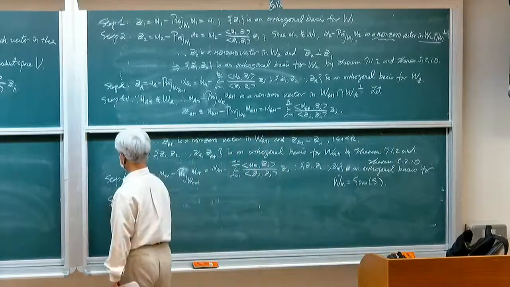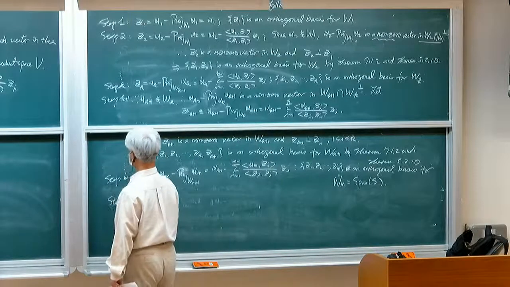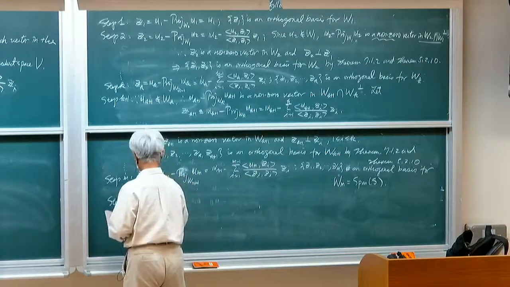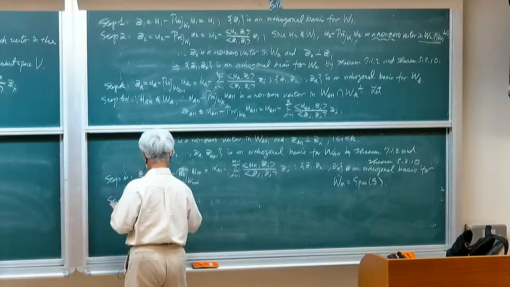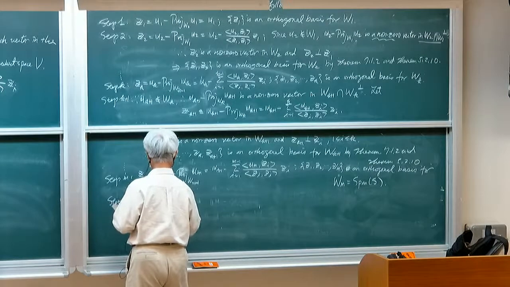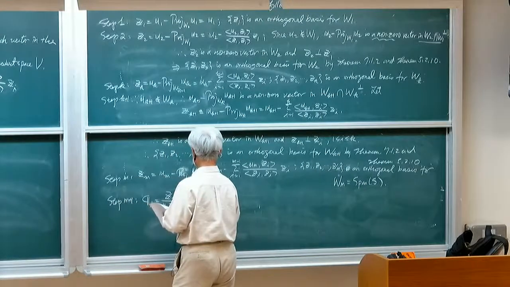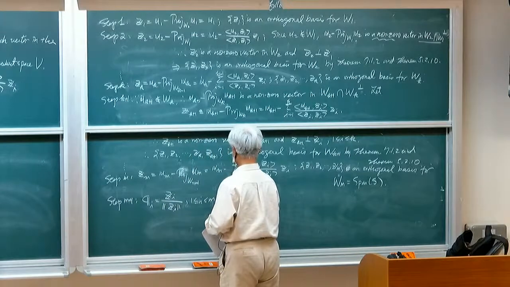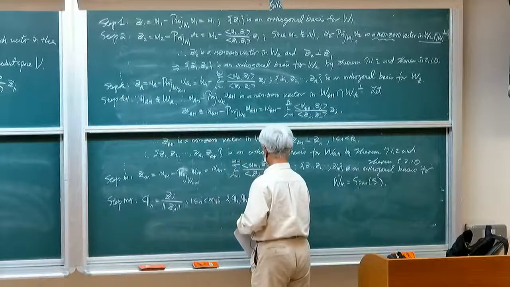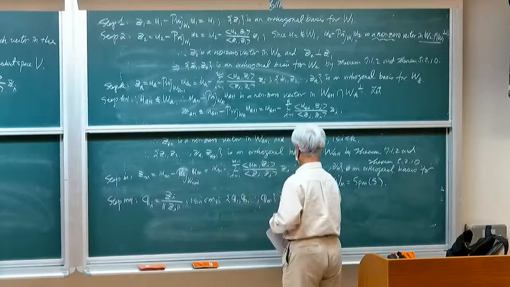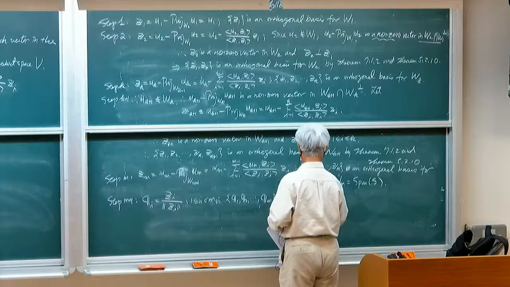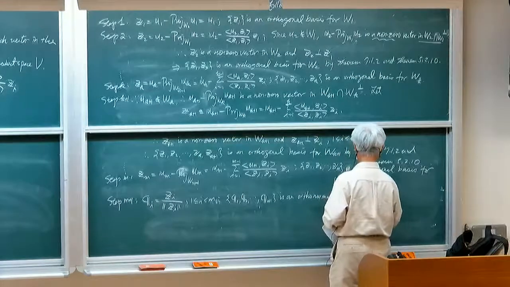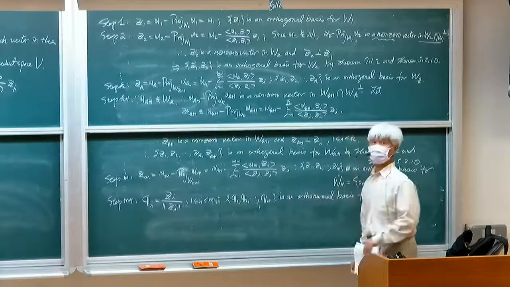Now, to obtain an orthonormal basis, we have one more step: we let Qi normalize Zi for all i from 1 to m. In this case, Q1, Q2 up to Qm is an orthonormal basis for Wm. Okay, and we have done.